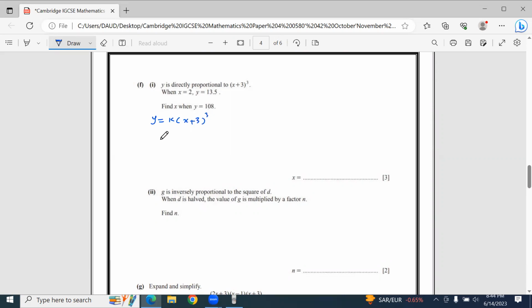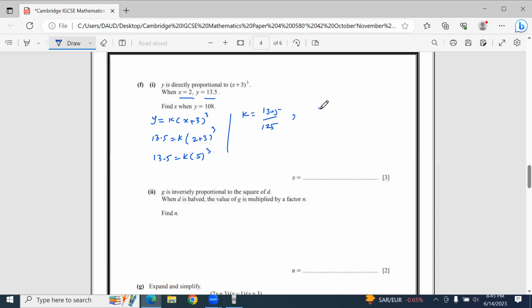So remember that first we will find out k, by using x is equal to 2 and y is equal to 13.5. So y is 13.5 and x is 2 plus 3 cubed. That means k times 5 cube. We can say that k equals 13.5 over 125 because 5 cube equals 125.